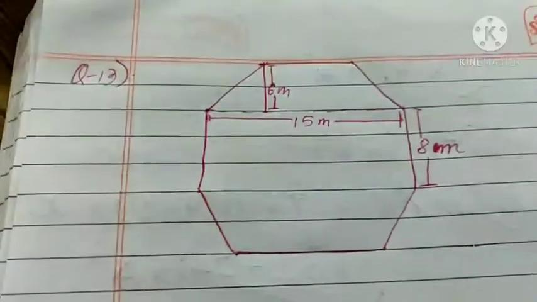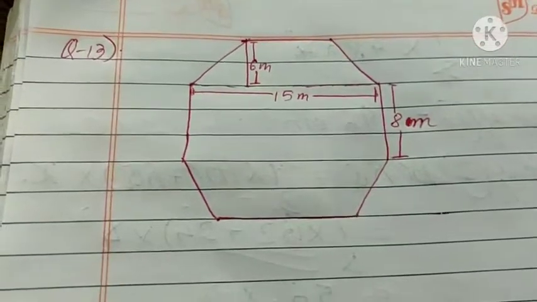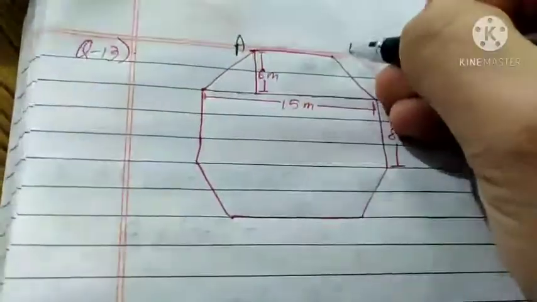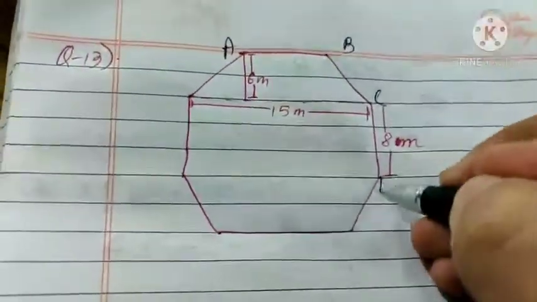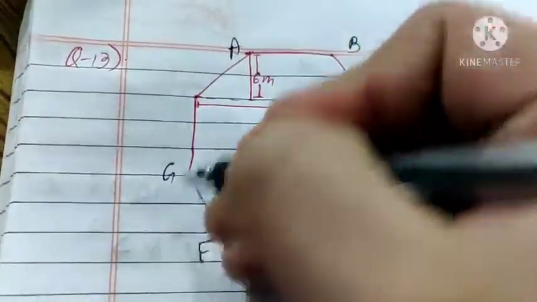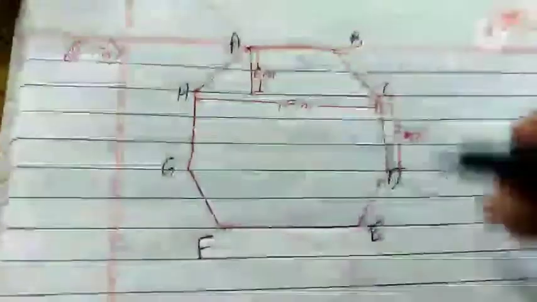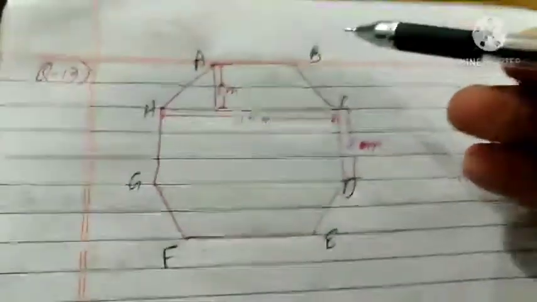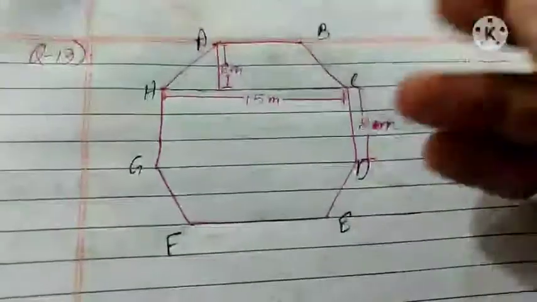Okay. So this is our next question. Here we have to find the area of this given polygon. So this is A, B, C, D, E, F, G and H. So these are the 8 sides and we have to find the area of this given figure. We don't know what this figure is known as.